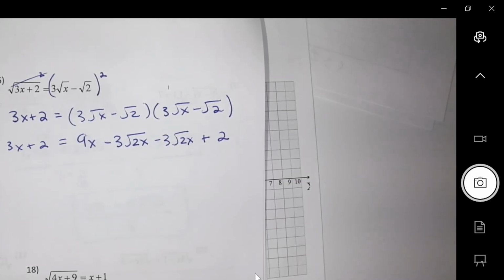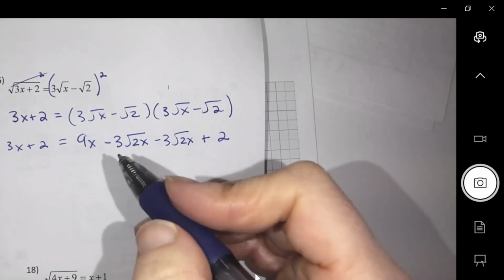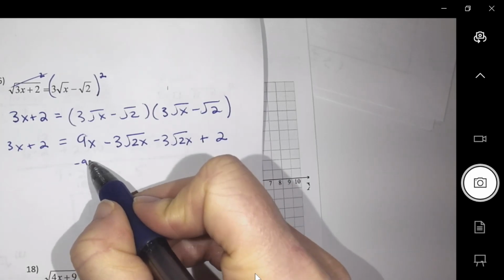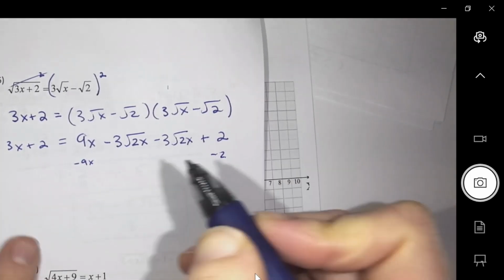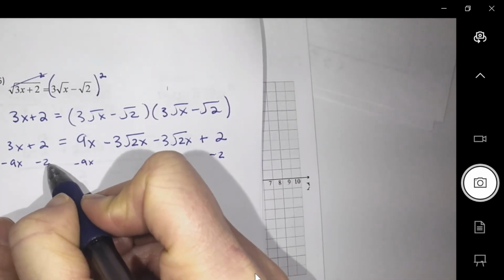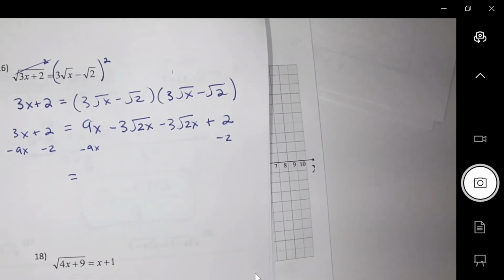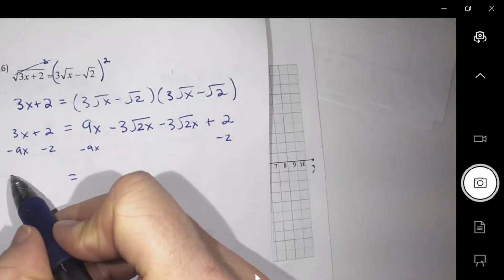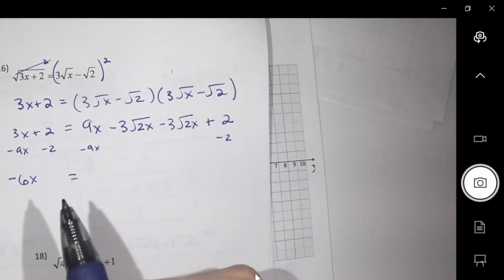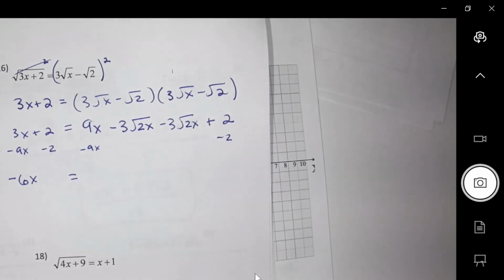Okay, you ready? I'm going to minus 9x, and I'm going to minus 2. Okay, see what I'm doing there? I'm getting those collected. So this would be negative 6x, and then nothing, right? 2 minus 2.